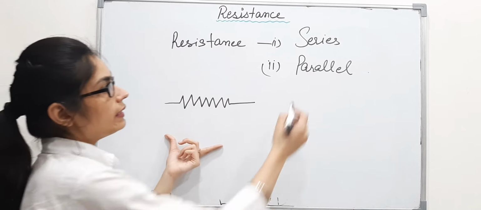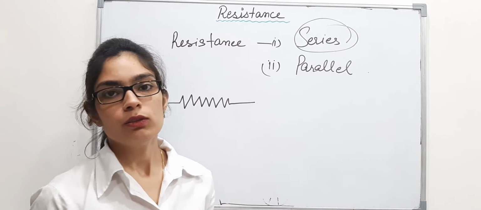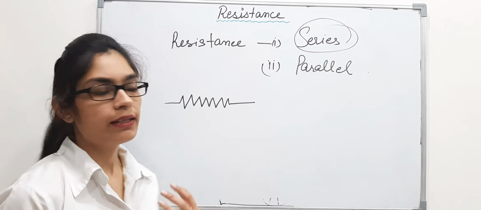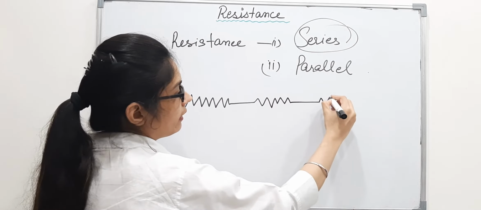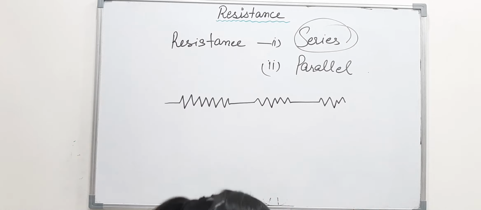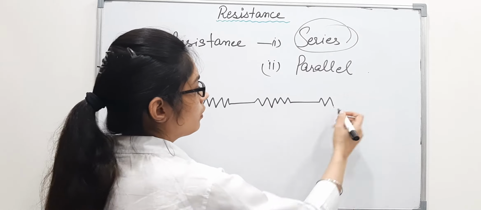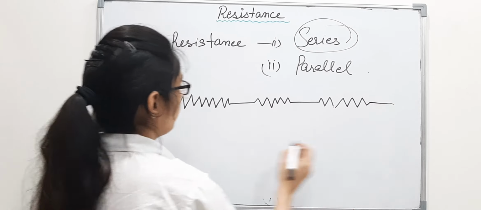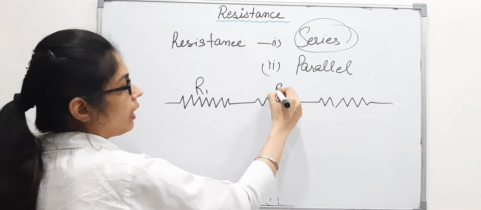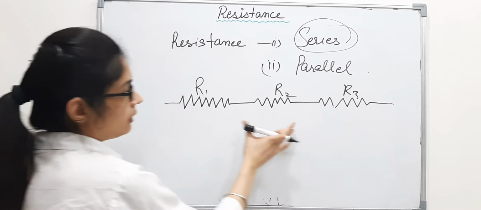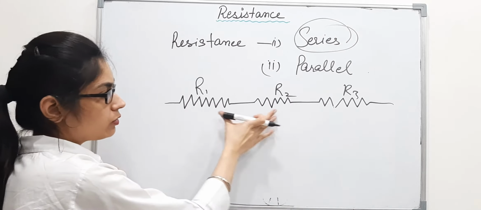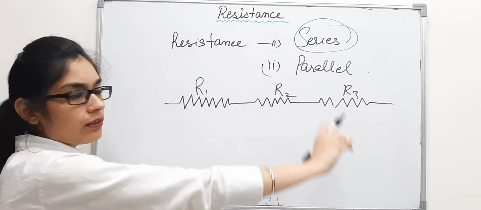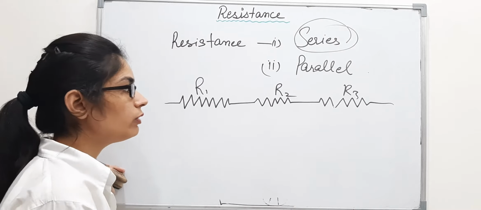Series means we are using 2 or 3 resistances in a circuit in line. See, like this the connections will be. If this is R1, this is R2, this is R3, this type of arrangement is known as series combination. You can see all the 3 resistances are connected in line.